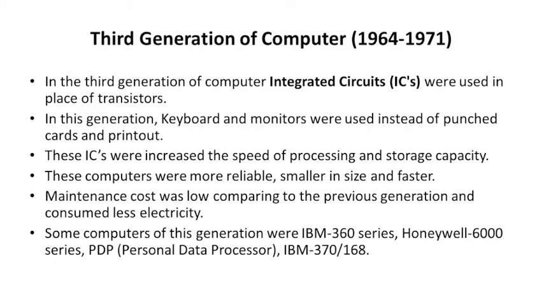Third generation of computer, from 1964 to 1971. In the third generation, integrated circuits were used in place of transistors. In this generation, keyboards and monitors were used instead of punched cards and printouts. These ICs increased the speed of processing and the storage capacity.